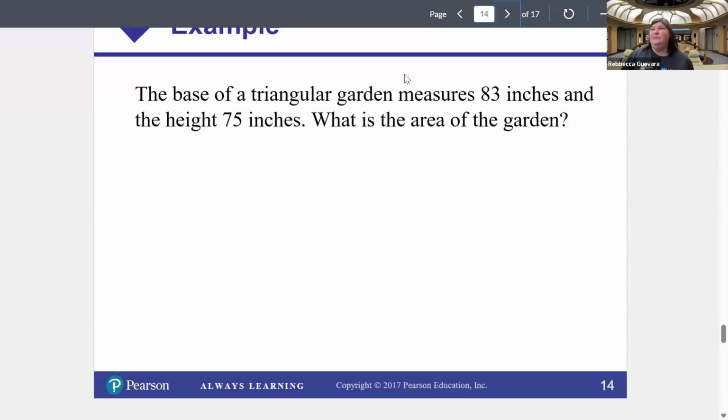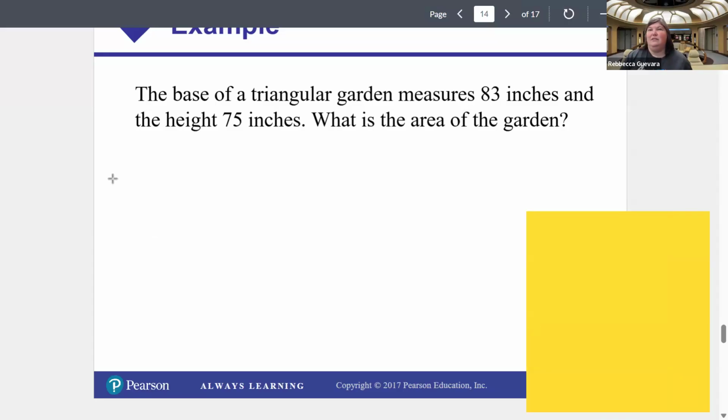So as an example, we have here a triangular garden, and we're going to draw a little picture of it to the side. We have a triangular garden. There we go, so we've got a garden like this.